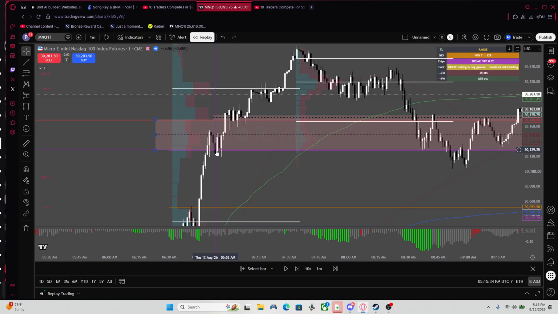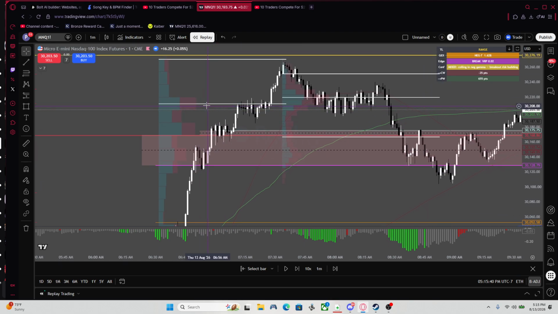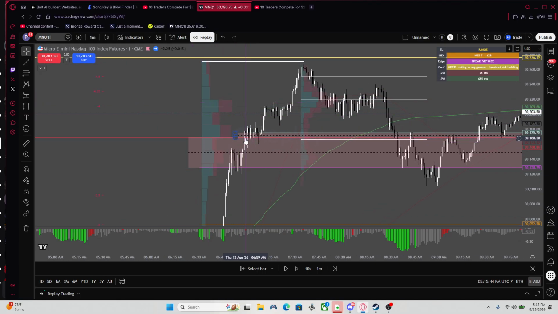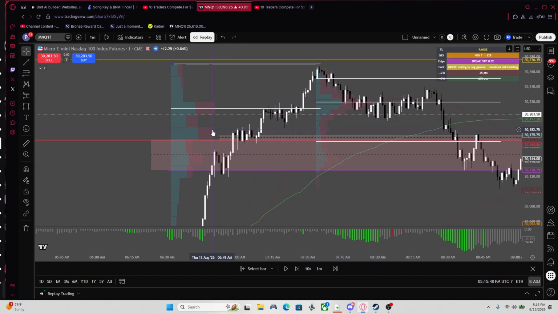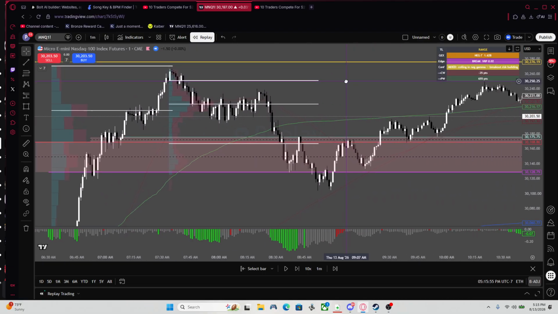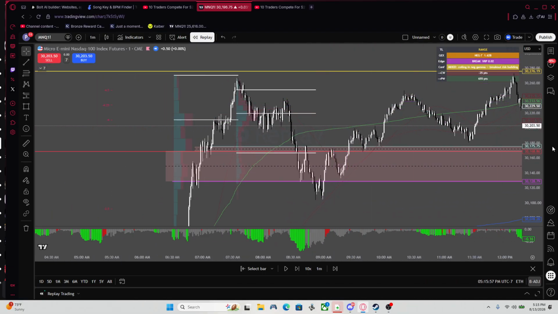We break above, come down, break below a little bit, a little retest, and we deliver higher. Then we come to this call wall. We break above it, a strong candle close above it. Then we continue to chop, kind of retest, and then trade higher. So today was pretty clean.